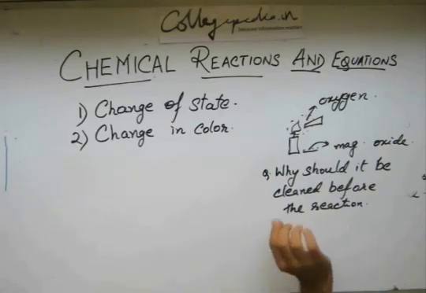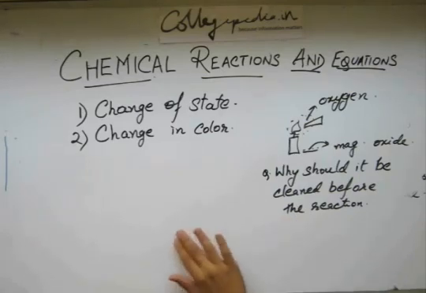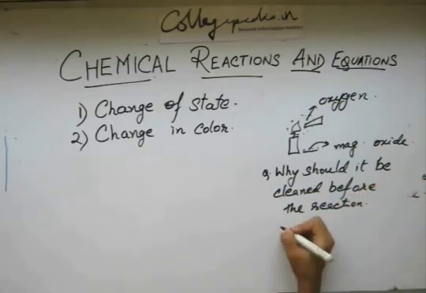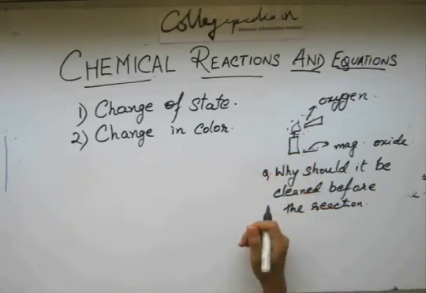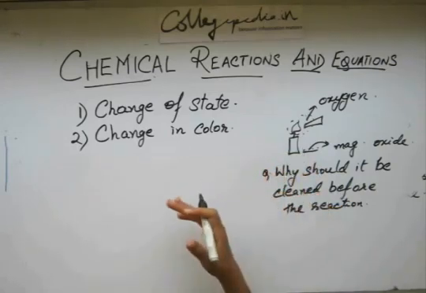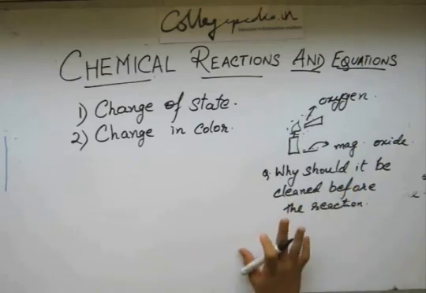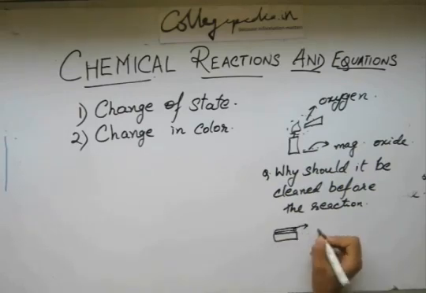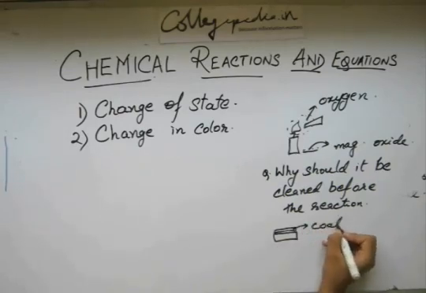You have to clean it with sandpaper to remove a top covering. So the answer to this is that magnesium, when you are keeping it in the open, reacts with the oxygen present in the air and forms a magnesium oxide coating.